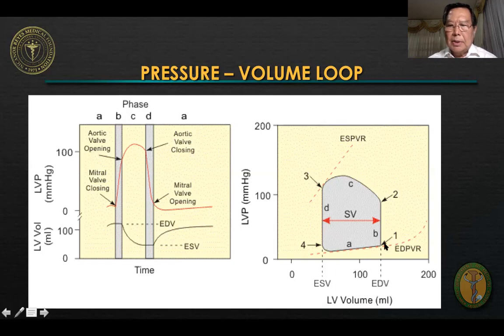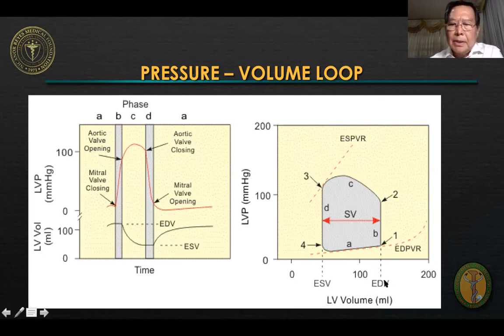And take note that over here is your so-called end-diastolic volume, and this is your end-systolic volume, meaning the volume inside the left ventricle at end diastole. This is the volume inside the left ventricle at end systole. If you subtract your end-systolic volume from your end-diastolic volume, then you get your stroke volume, right?